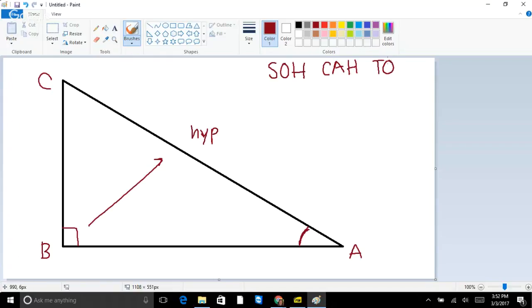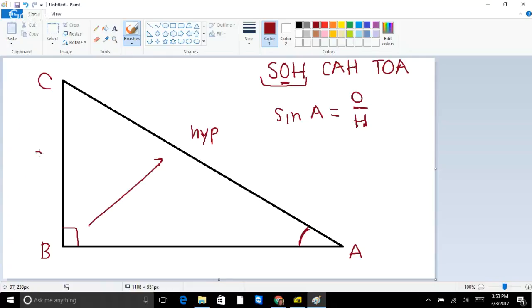SOHCAHTOA. Okay, so the SOH is for sine. So the sine of angle A is equal to the opposite side divided by the hypotenuse. Okay, so if we were trying to find the sine of angle A, let's put some numbers on here.